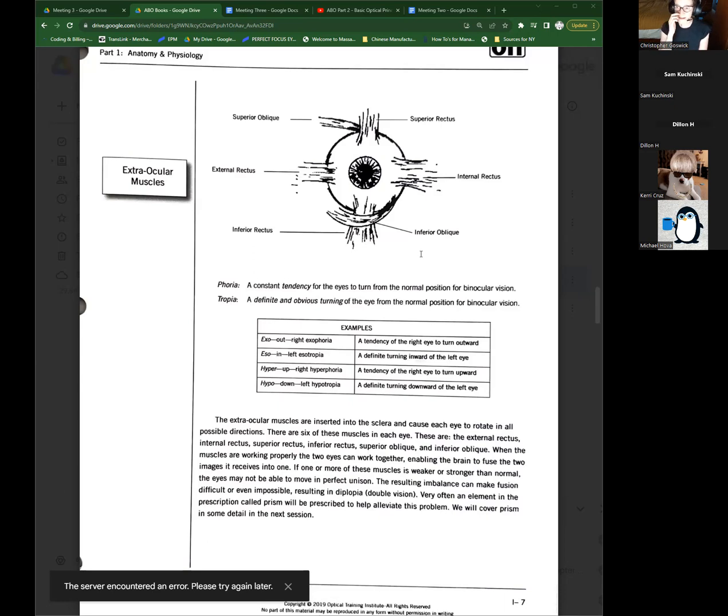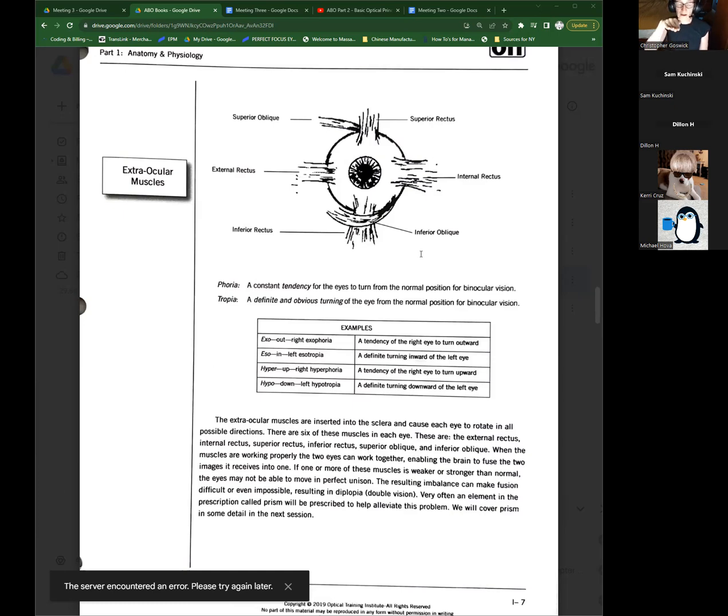It's something you may have noticed yourself, maybe when you wake up you have double vision, or when you're tired you start to get a lot of blur. But it's not something that when people see you, they're going to say, oh wow, that person has an eye turn. Whereas the tropia is a very clear, definite turning of the eye.